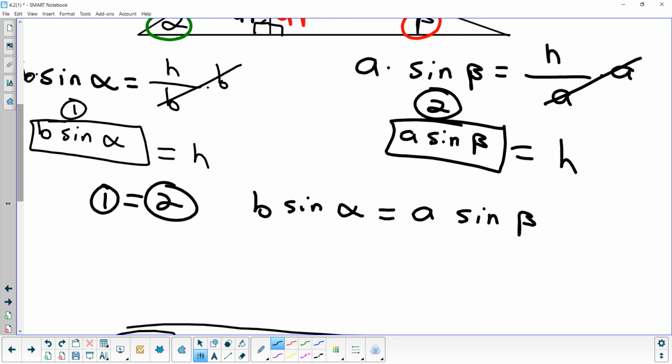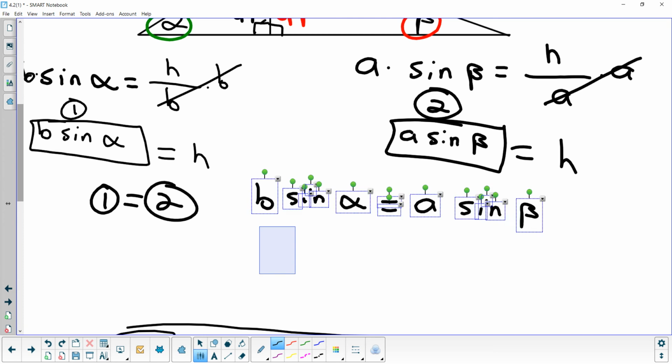Now what I'd like to do is get certain things on the same side. I'd like to put the A over with the alpha, and I'd like to put the B over with the beta. How would I move the B over with the beta? What would I have to do to each side? What operation are we doing between the B and the sine? Divide. We have to divide.